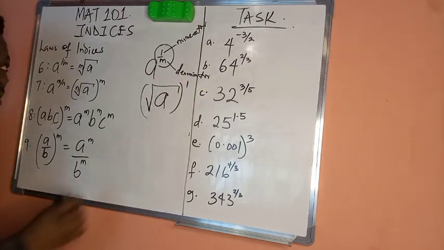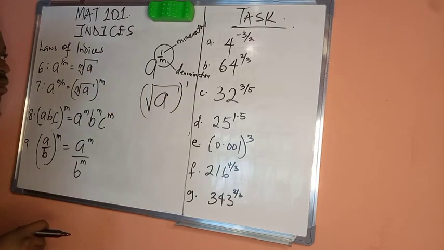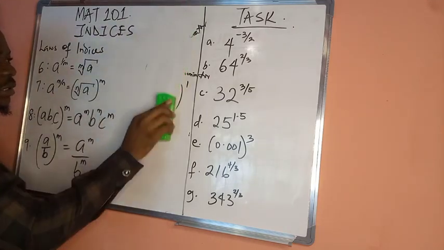Now, this explanation explains law 6 and law 7. Just in law 6, the numerator is 1, while in law 7, the numerator can be any value. Okay, let me give examples.